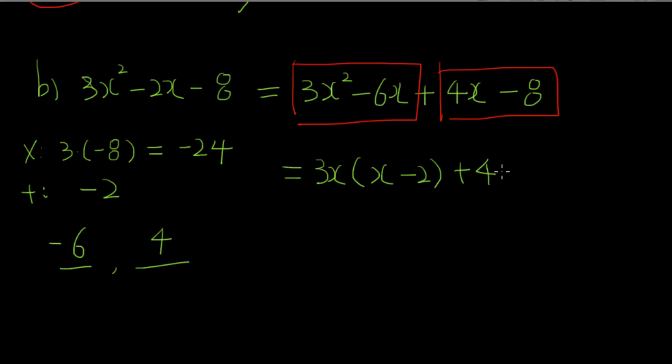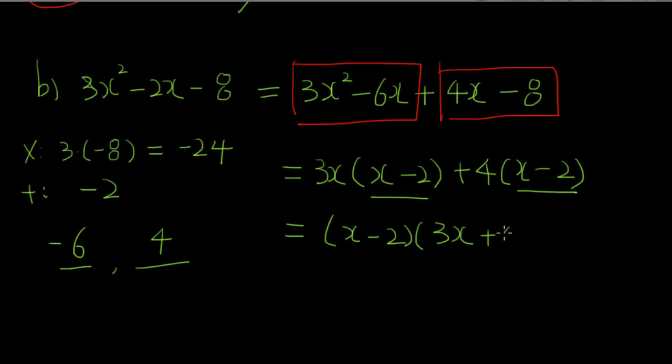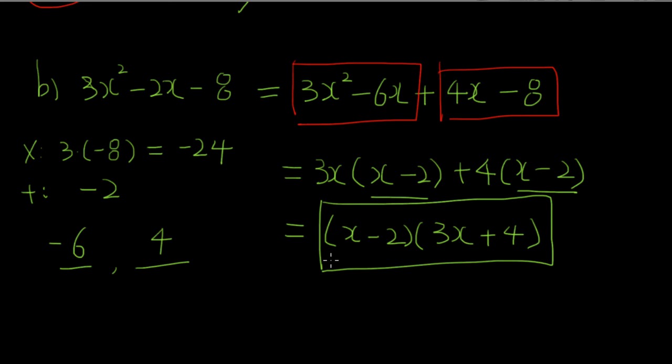We can factor 4 out, x minus 2. Okay, so now that we have the common factor here and here, x minus 2, what's left behind is 3x plus 4, just like that. And that's our final answer.